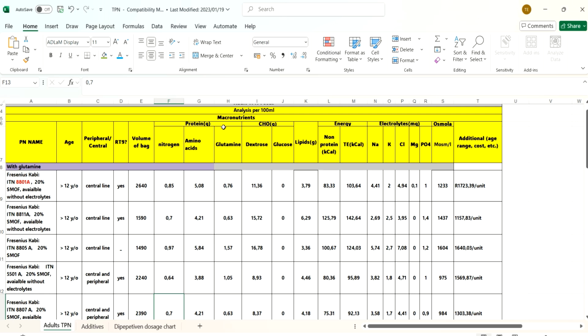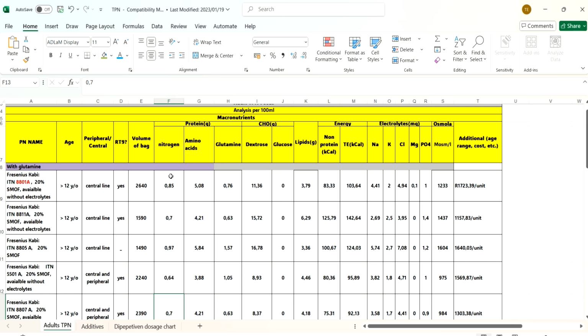Under your protein, we've subdivided it into the nitrogen, amino acids, and glutamine. Because when we calculate parenteral nutrition, we take into consideration the nitrogen and the amino acids as well. So with conversion factors, etc., you would get to your protein requirements, right?